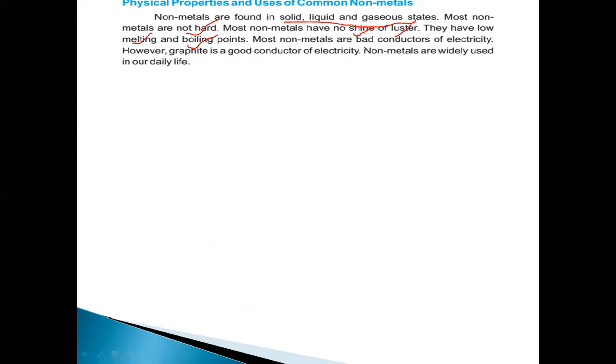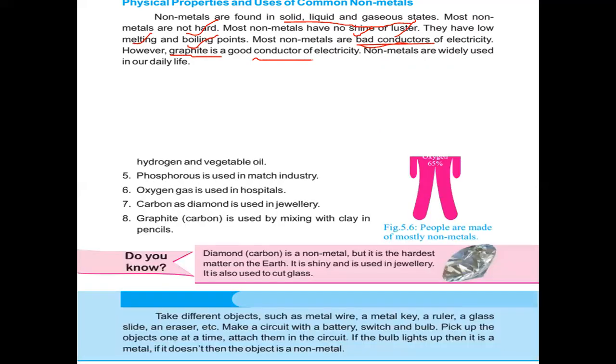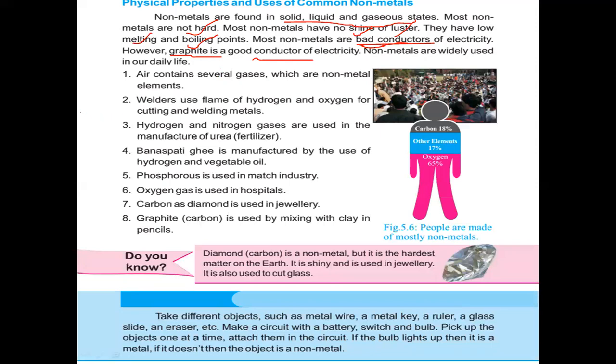Non-metals are bad conductors, but graphite is a very good conductor of electricity. What is graphite? We will see after some time. If we see the uses, number one, air contains several gases which are non-metals.